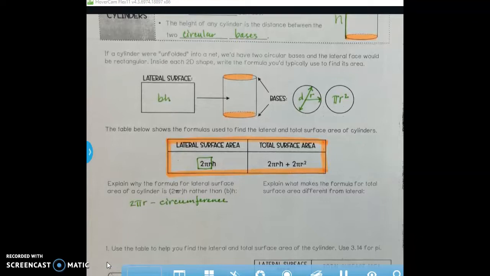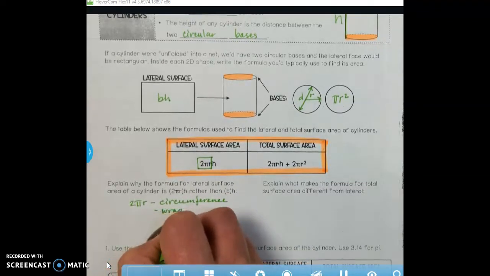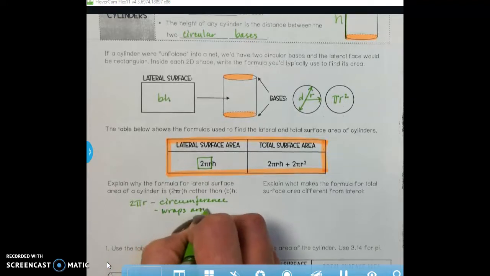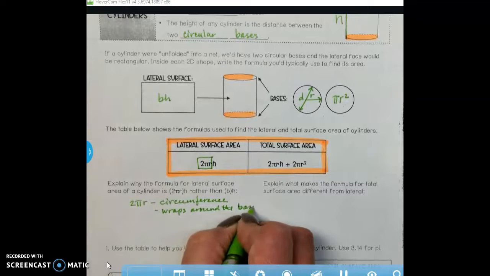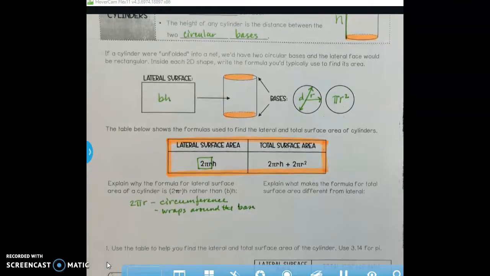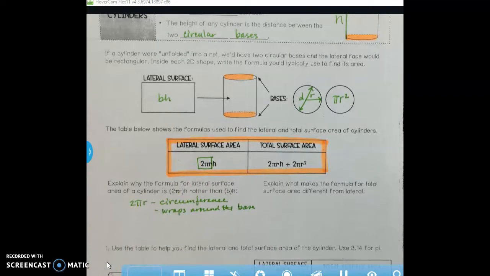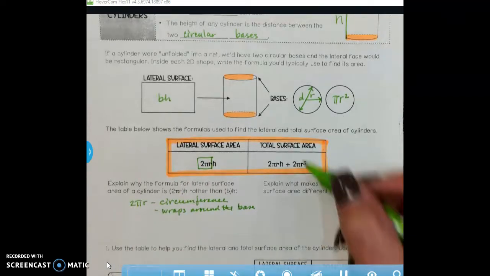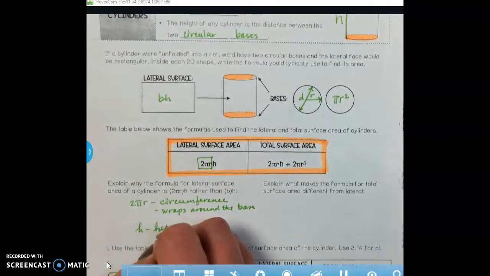So circumference wraps around the base. Since it's all about circles, they are keeping it in that circular formula format. And so the h, hopefully h makes perfect sense. H is the height between the bases.